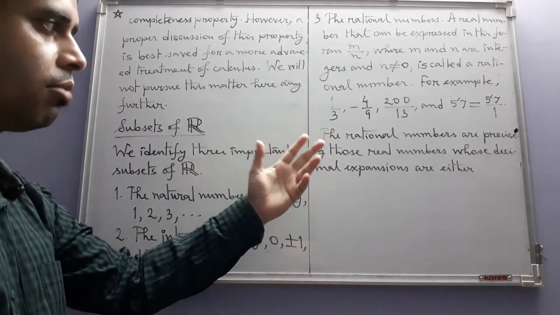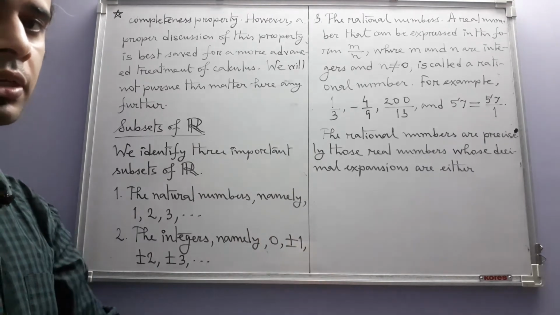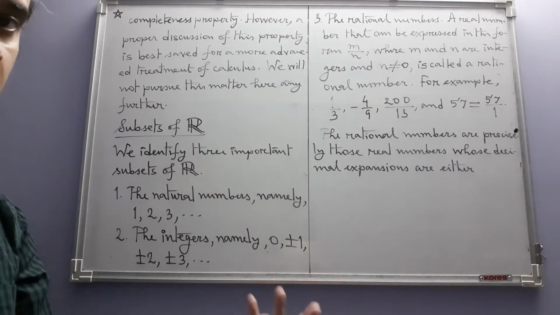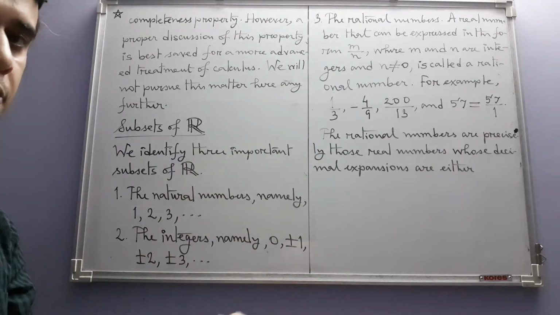But what about in terms of decimal expansion, can we say something about which numbers are rational just looking at their decimal expansion? And it turns out that we can.